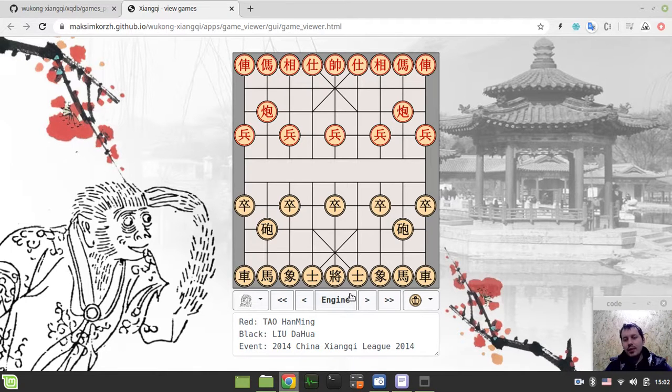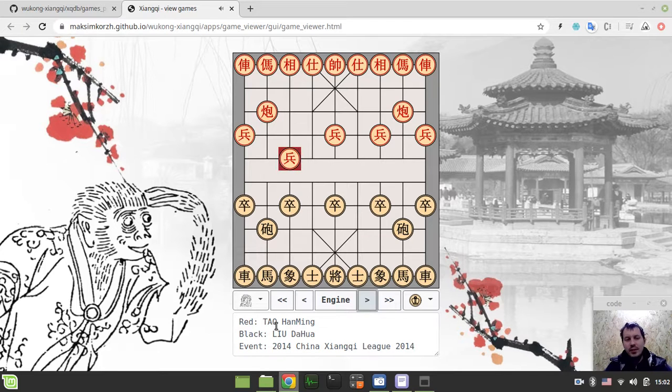So if some of you are watching this video, and you try to make a video showcasing a game using this sort of app, I would really appreciate it. I would be happy to watch your video explaining a master game using this UI I've created. So without further ado, let's start.